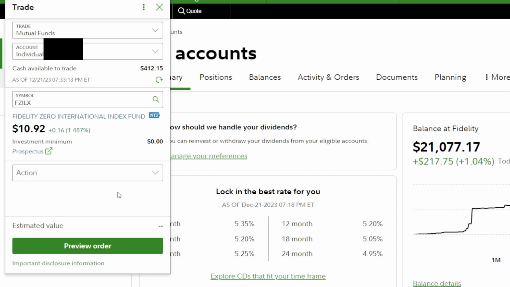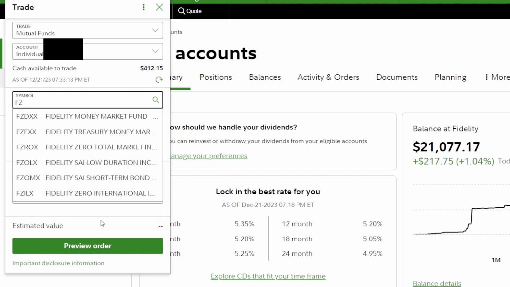So this is only really if you want exposure to international stocks, but you can buy FZILX, which is a total international fund that also will have zero expense ratio, like all of these Fidelity Zero mutual funds.